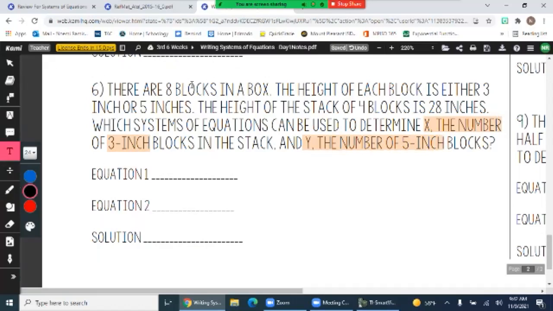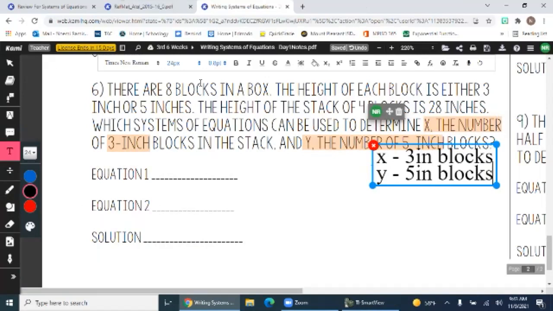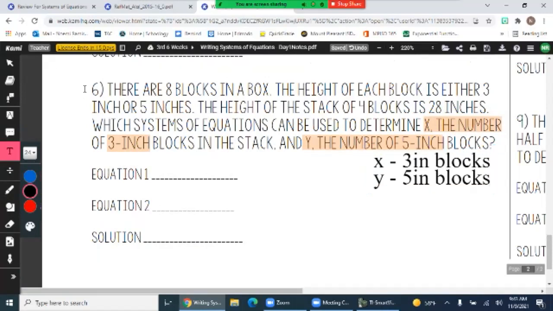So I'm going to go ahead and write that down. I'm going to use X for 3-inch blocks and Y for 5-inch blocks. Okay. I'm going to type out my equations. And we found the variables, so now we're looking for those totals.